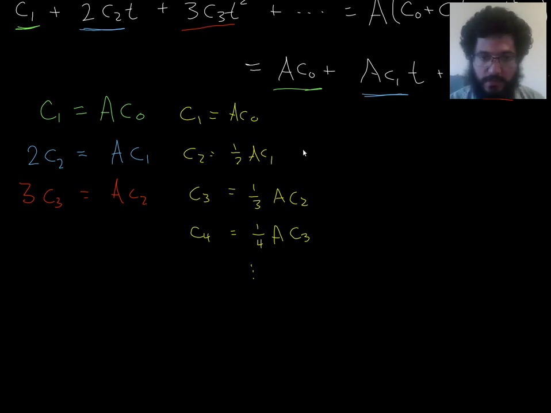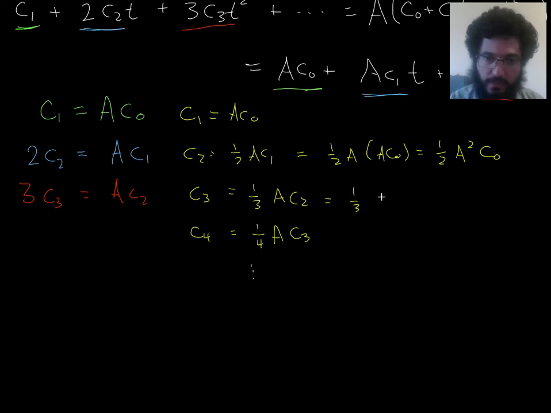So c2 is 1/2 ac1, so that means 1/2 ac0. So that's 1/2 a squared c0. This is 1/3 ac2, so 1/3 a, and then 1/2 a squared c0. That's what c3 is.